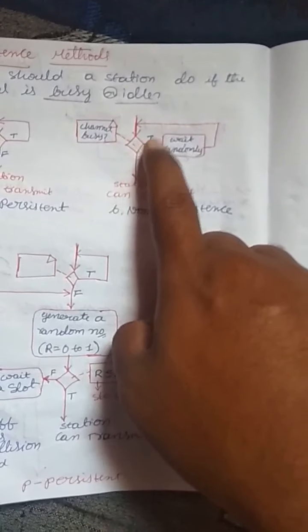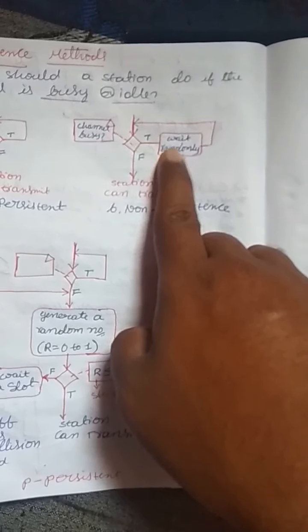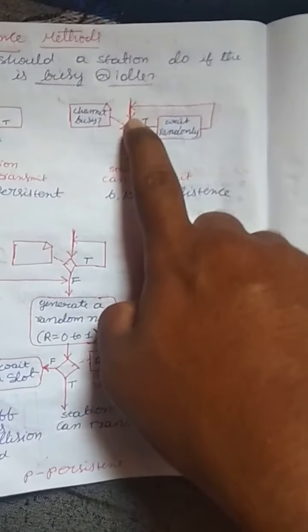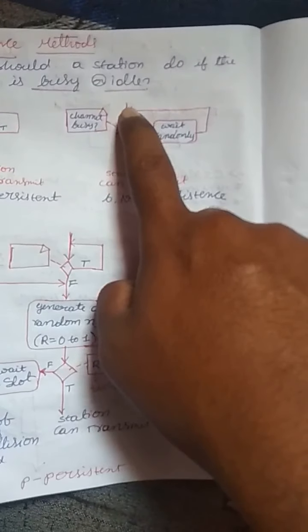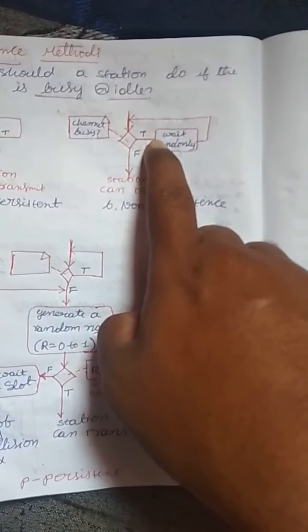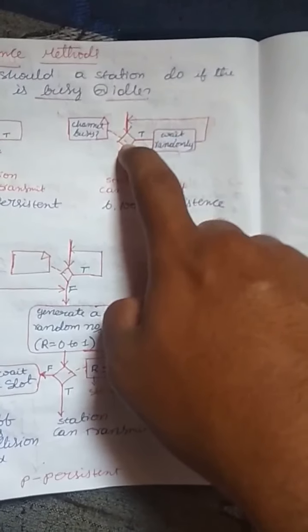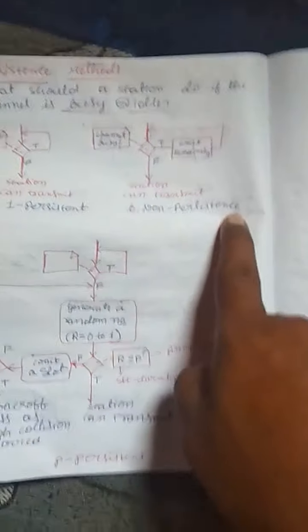It will wait for a random amount of time before sensing the channel again, which means the station waits for, say, 10-20 minutes, then it will sense the channel. Okay, that is the non-persistent.